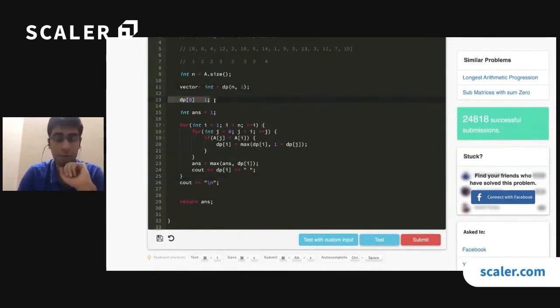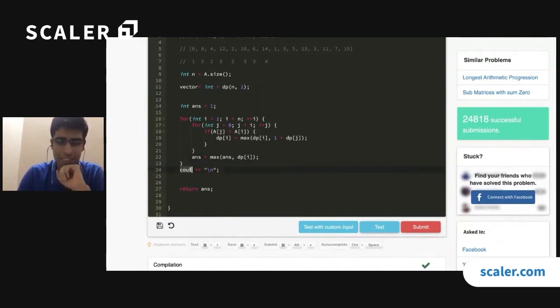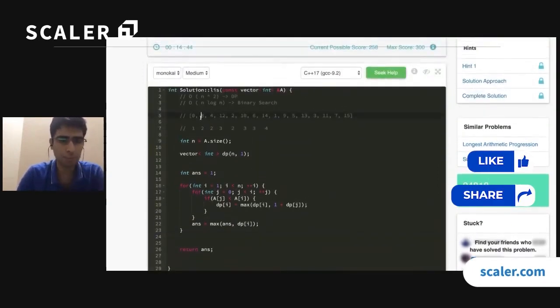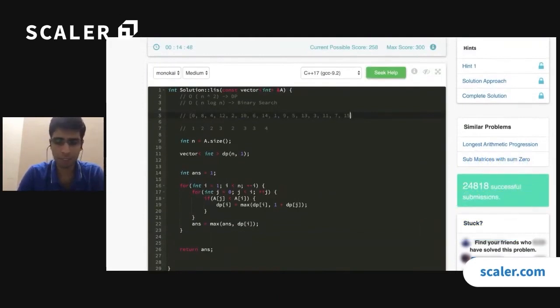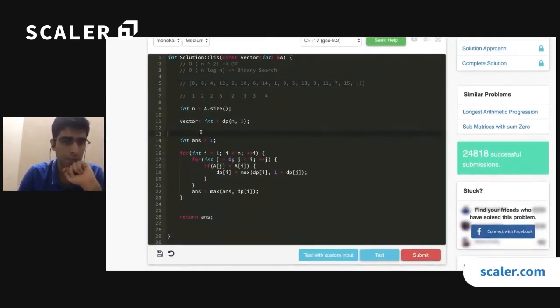I have set the default value to 1, because if it is the only element, then the answer should be 1. So I actually had an off-by-1 error. If that element is the smallest element, suppose -1 had been here, then -1 would have been the single element. There would have been no element smaller than this, right? So the DP state here should be 1 and not 0. So now we will be correct.